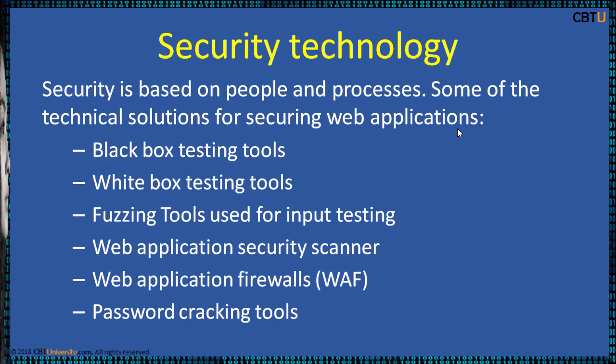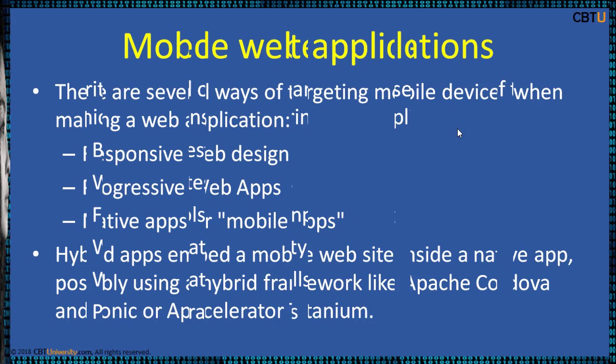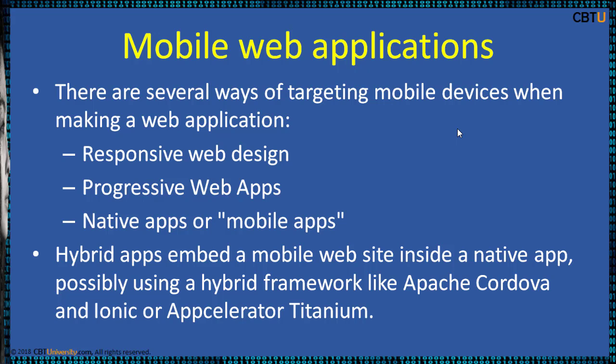Some of the technical solutions for securing web applications are black box testing tools, white box testing tools, fuzzing tools used for input testing, web application security scanners, web application firewalls (WAF), and password cracking tools. There are several ways of targeting mobile devices when making a web application.